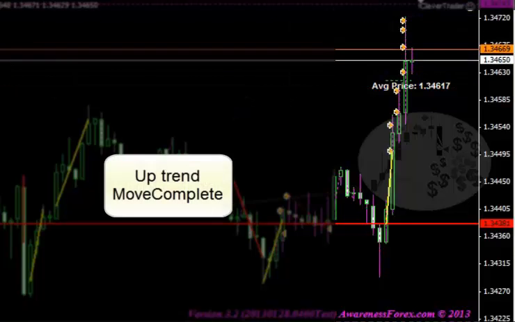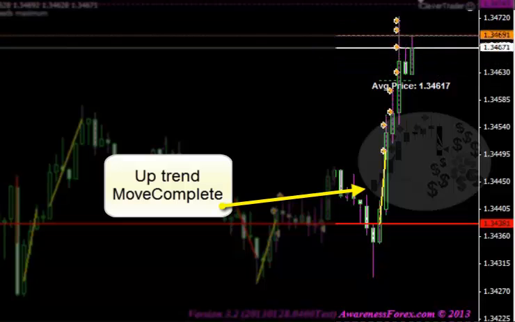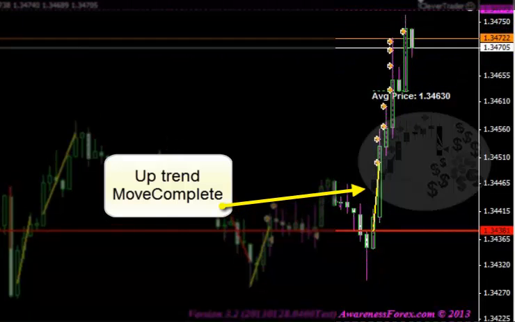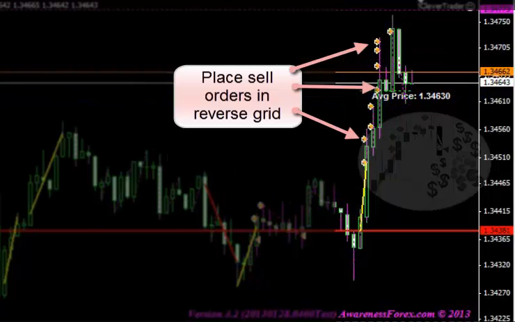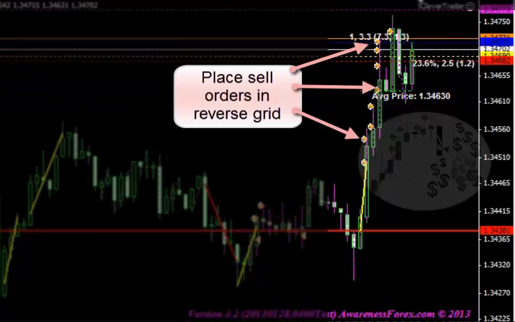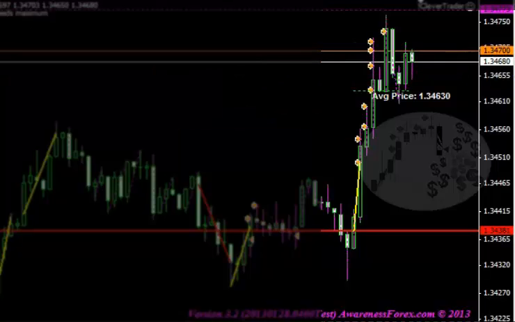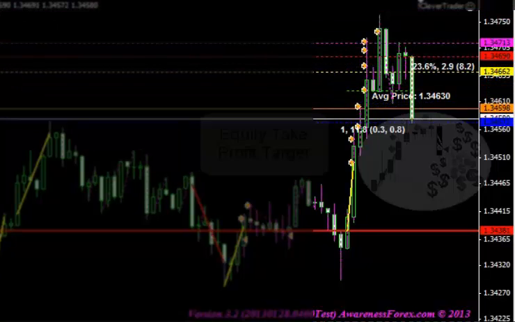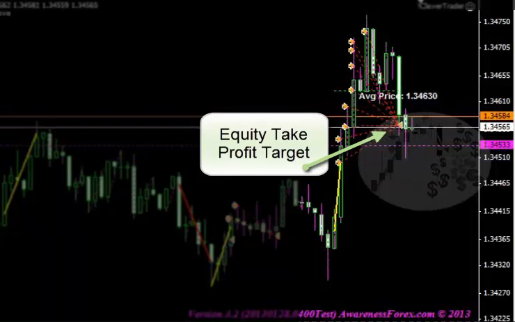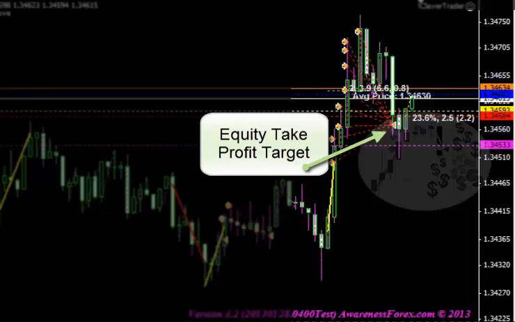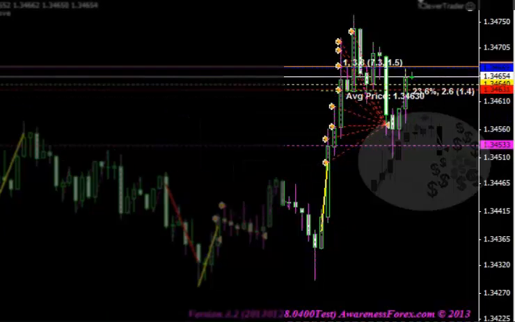You can already see the move has already completed in the up direction, so we have an up move, and then we start placing trades in a grid formation and then wait for a profit target to occur. The equity take profit was in fact hit, and we did remove all the trades off the table.